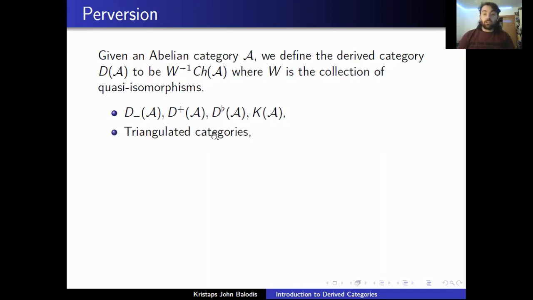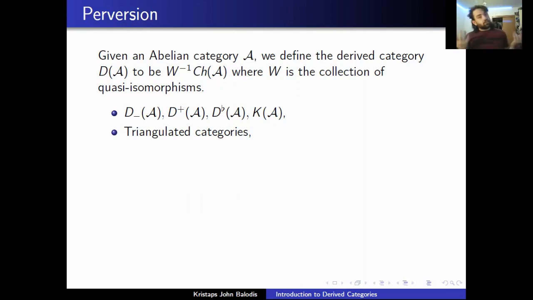Another big thing to talk about here is triangulated categories. This is a very important topic as well. And you might wonder, for example, we started with an abelian category and we did all this fancy magic, and abelian categories are nice. So you might hope, well, did we get an abelian category back at the end of the day?